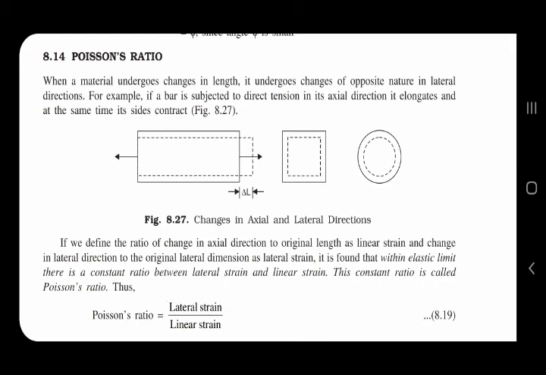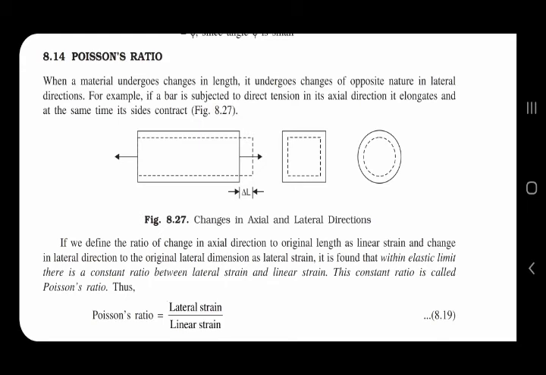What is volumetric strain? When we consider a member which is subjected to stresses, it undergoes deformation in all directions. Hence there will be a change in volume. The ratio of change in volume to original volume is called the volumetric strain. Thus epsilon V is equal to delta V by V, where epsilon V is the volumetric strain, delta V is the change in volume, and V is the original volume.